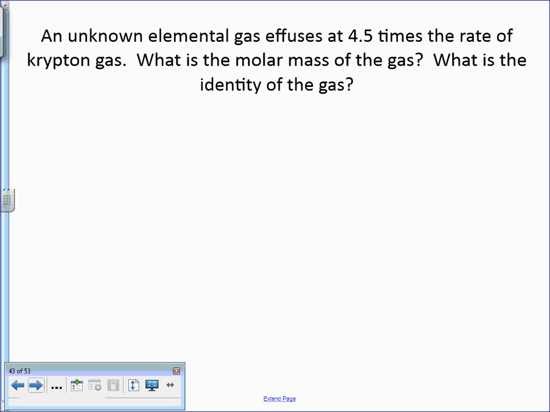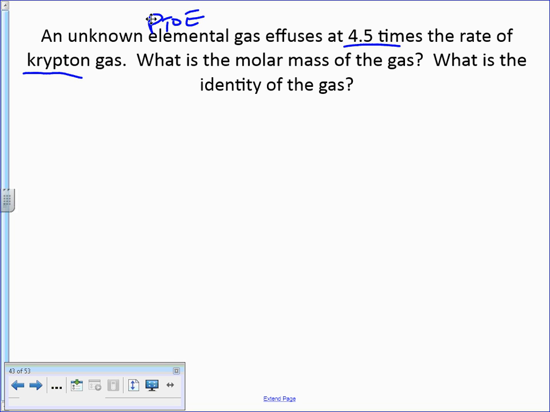An unknown elemental gas. When it says elemental gas, it means it's a gas straight from the periodic table of elements. It diffuses 4.5 times faster than krypton gas. What is the molar mass of the gas, and then what's the identity? Okay, take a second. Think about who is faster here, krypton gas or the unknown gas?